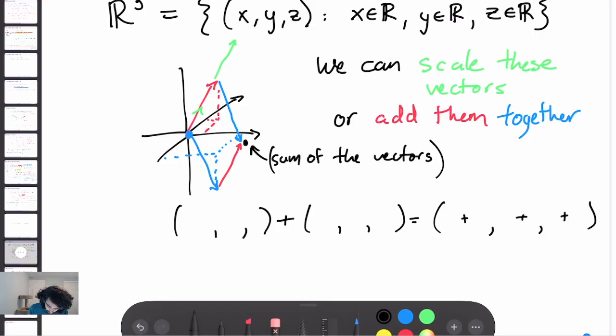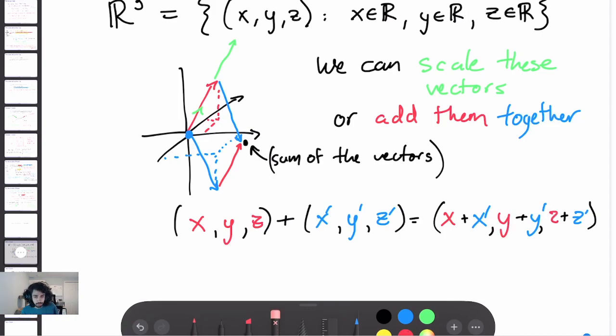If you have x, y, and z, and you have x prime, y prime, and z prime, then you just add them together component by component. Red y should not be primed.